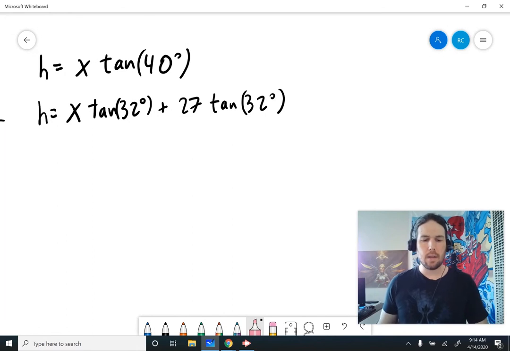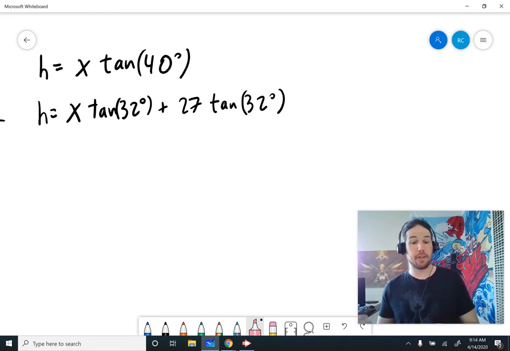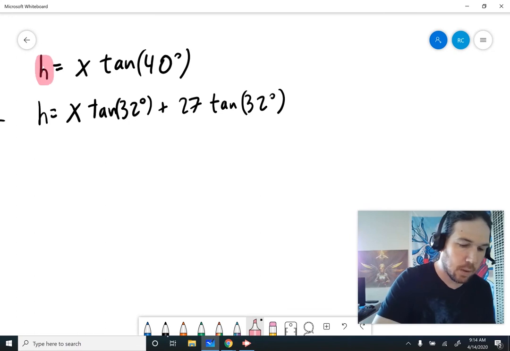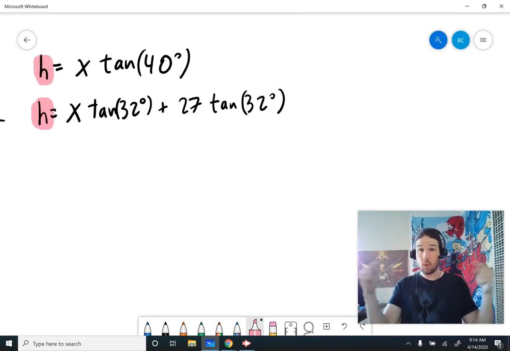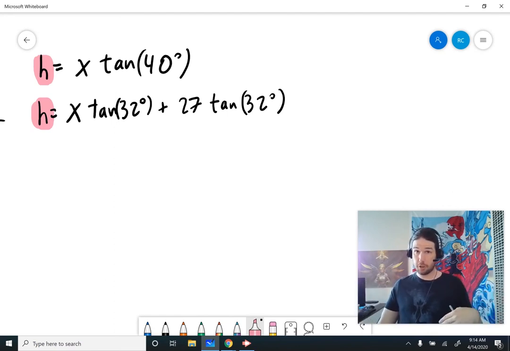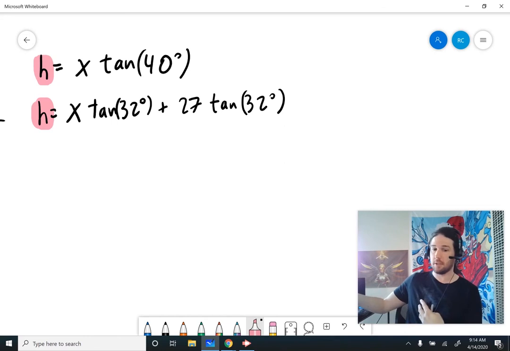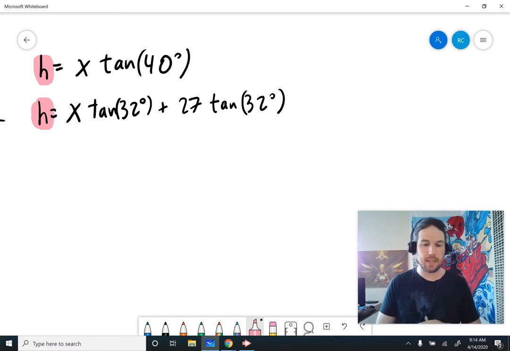So now I have h equals x times tangent of 40 degrees, and I have h equals x times tangent of 32 degrees plus 27 times tangent of 32 degrees. If both of these things equal h, then they must equal each other, right? If two things both equal h, and h is the same value, then those two expressions must be equal to each other.